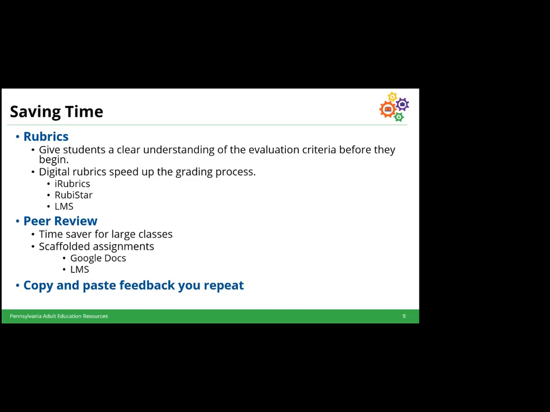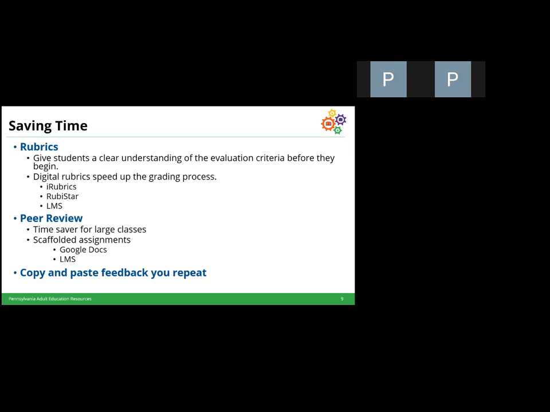Also, having students complete peer reviews can be a major time saver in large classes. So peer review is especially useful when students are working on scaffolded assignments with multiple opportunities for feedback. So peers can be asked to evaluate the earliest drafts so that students can make improvements before submitting their final version to their teachers for grading.